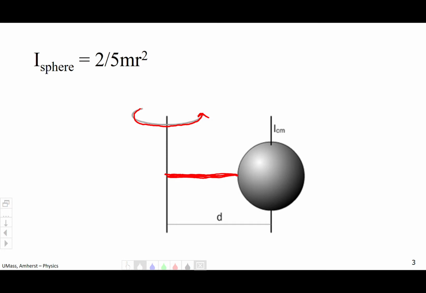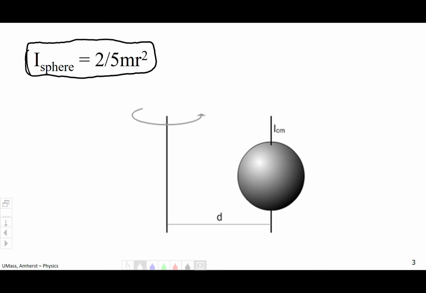That would be an example of this type of situation. The given moment of inertia of a sphere is 2/5 mr squared. And I should have mentioned that when it says I_CM, that means I center of mass, so the moment of inertia around the center of mass.